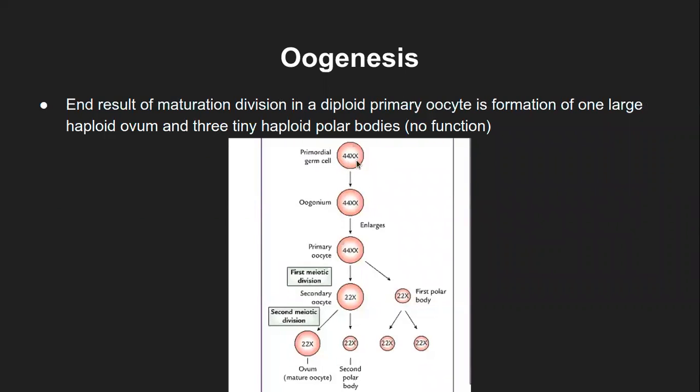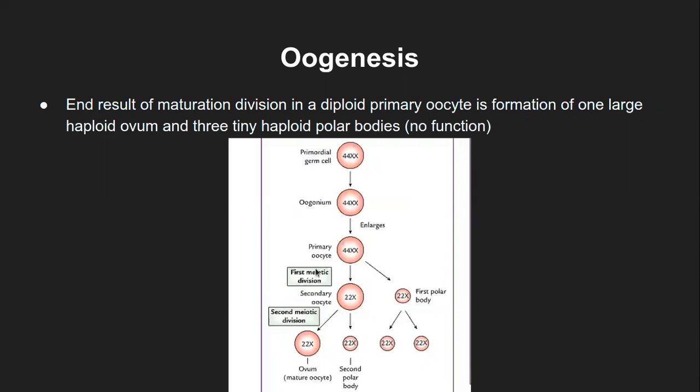So primordial germ cells, again 44 plus 2 sex chromosomes, then it forms oogonium, that is the germinal epithelium layer cells, which will enlarge.